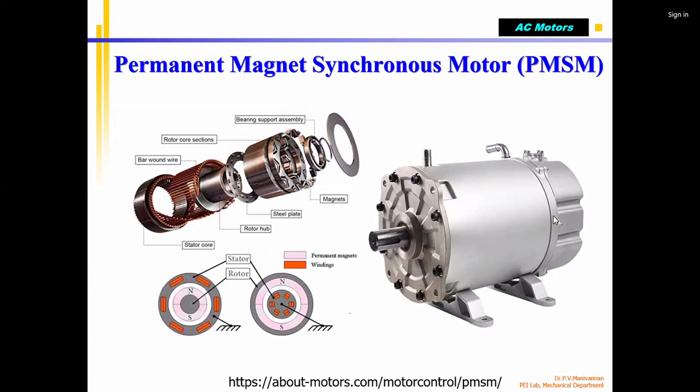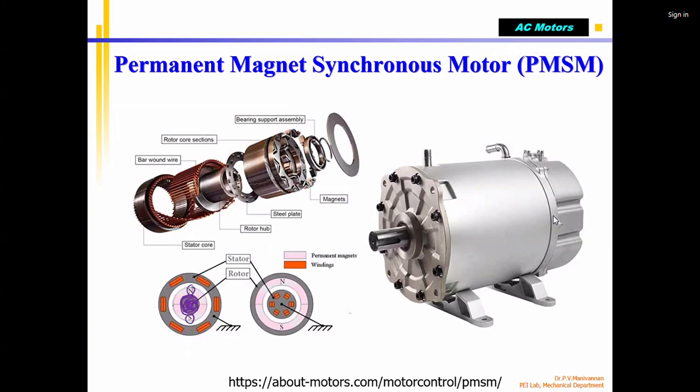If it is surface mounted, this is the rotor core, correct? The gray color is a solid rotor core on which you have two halves, cylindrical. One is the north pole, the other is the south pole. They are pasted or bolted to the core, correct? So this is your rotor. It is called surface mounted because the magnets are on the surface of the rotor.